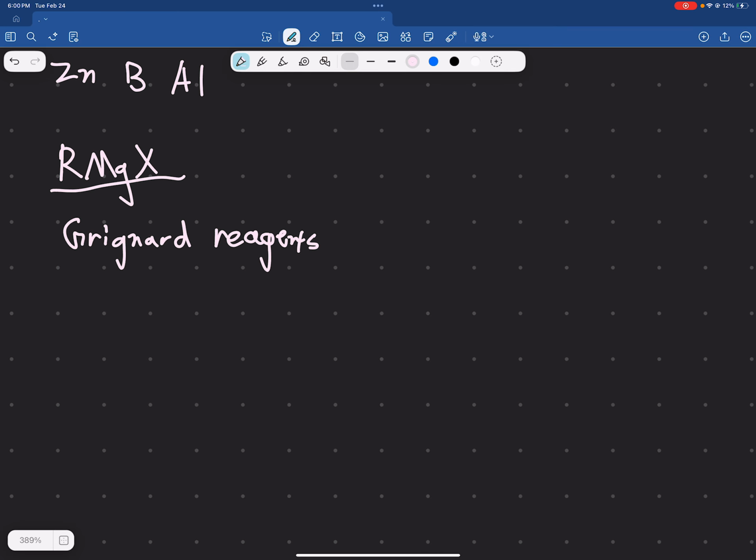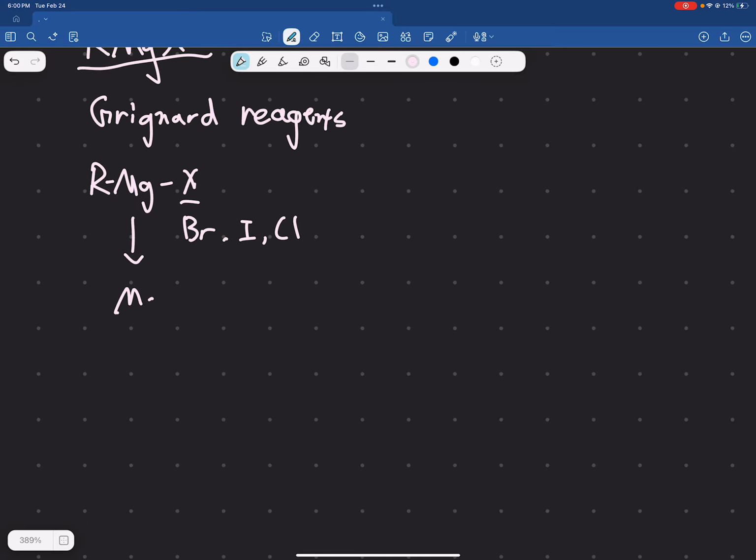So RMgX will be the most common kind of formula you would see for this, where X is going to be bromine, iodine, or chlorine. And the oxidation state of this magnesium is going to be 2+.